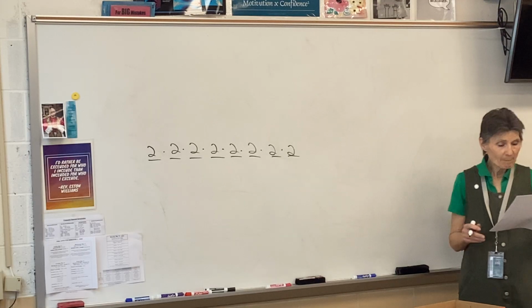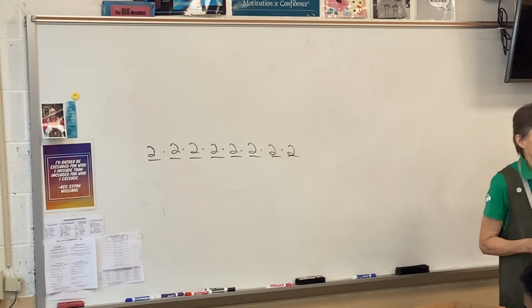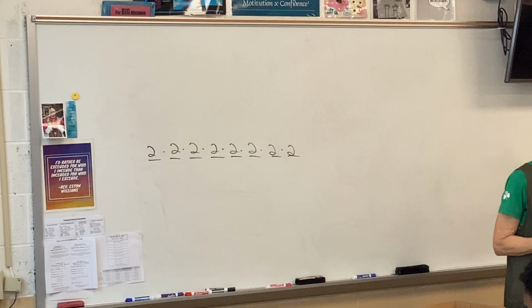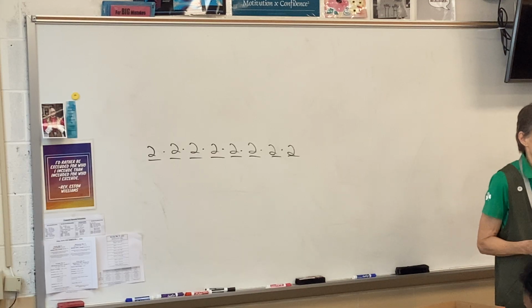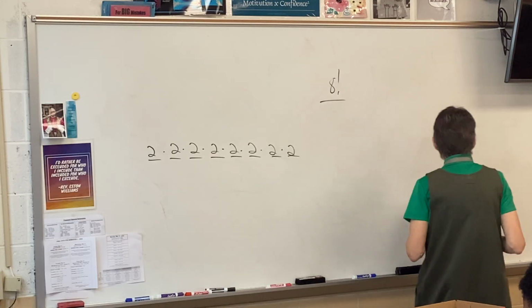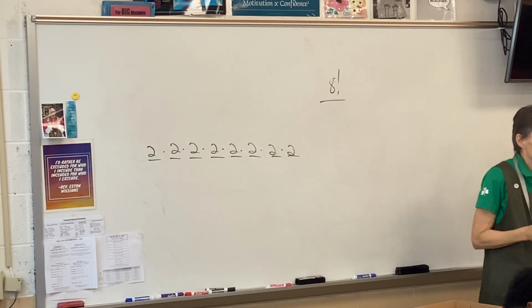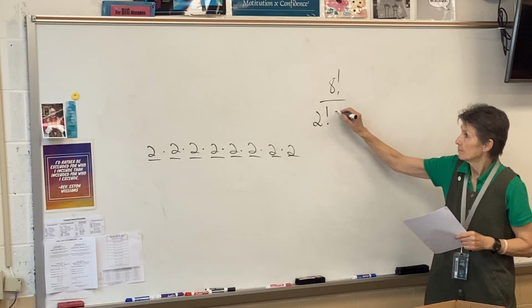How many 8-letter words can be formed from the letters of prettier? All right, Erin, what do you think? You have to do 8 factorial. Why are we doing 8 factorial? Because there's 8 letters in the word, so we're starting with 8 factorial. And then you divide by 2 factorial, and then another 2 factorial, and another 2 factorial.